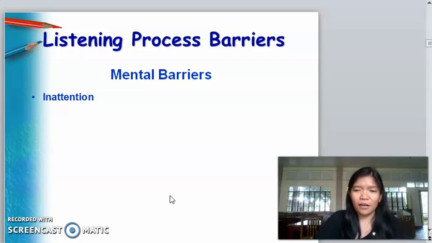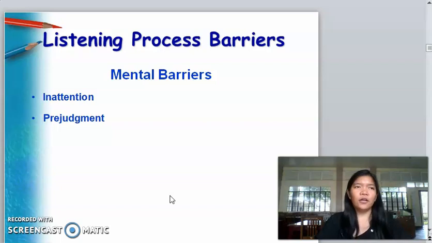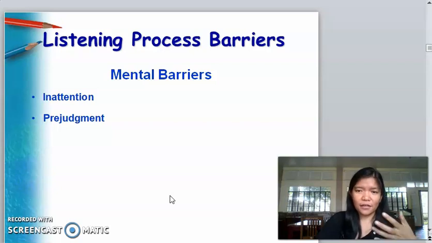You have a mental barrier if that is the case. Second one, prejudgment. Yung sinasabi mo, alam ko na yan. Or, we have already talked about that. Paulit-ulit na lang. You are prejudging the information that is delivered to you by the speaker.